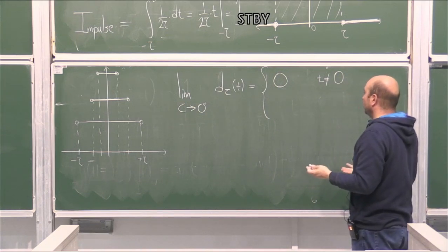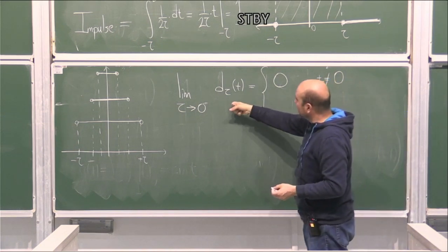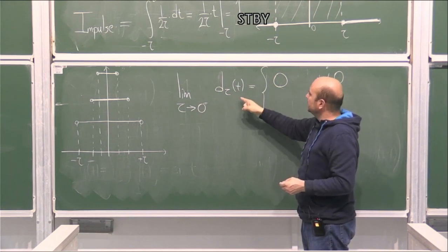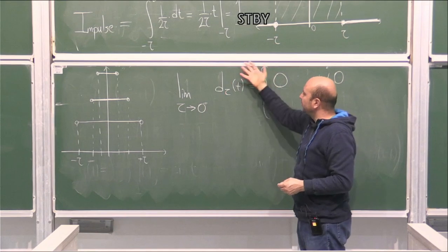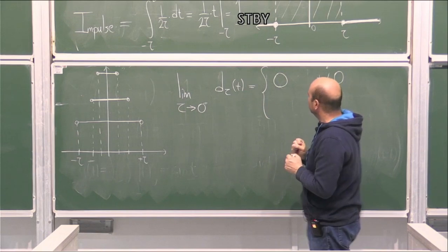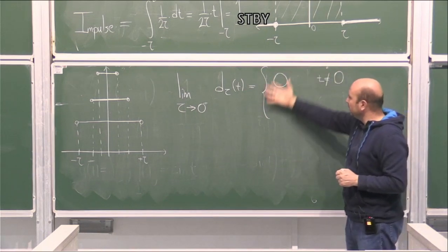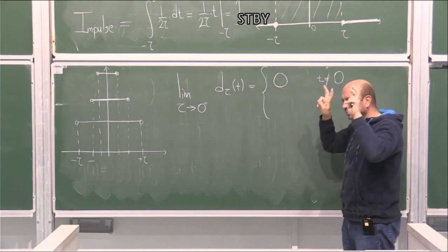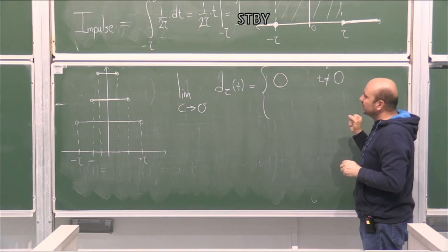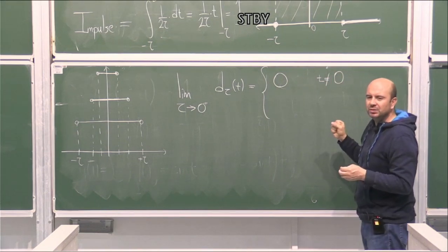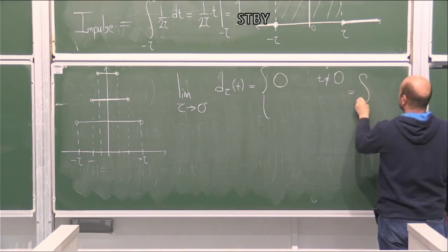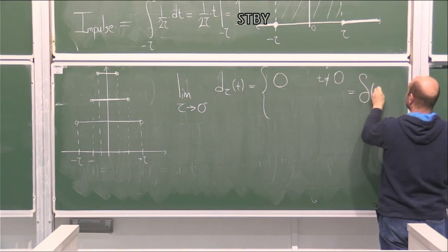What is special about 0? If you look at these things, for every tau, the integral of the d tau function on the given time interval is always 1. So whatever you get here is a function, in quotation marks, which is 0 everywhere except at the impulse point, but its impulse is 1. This is a strange function, as you can see.